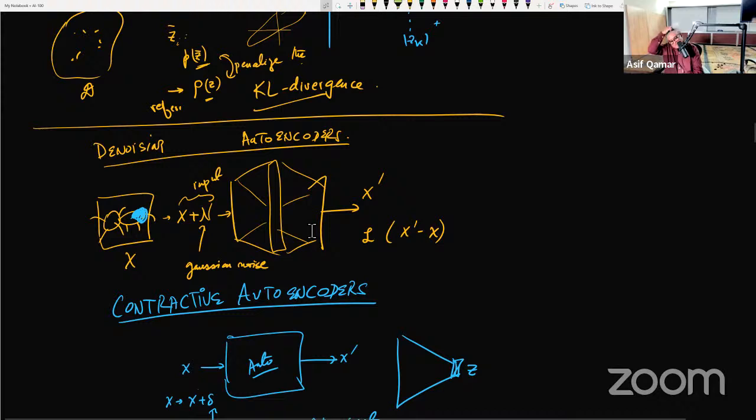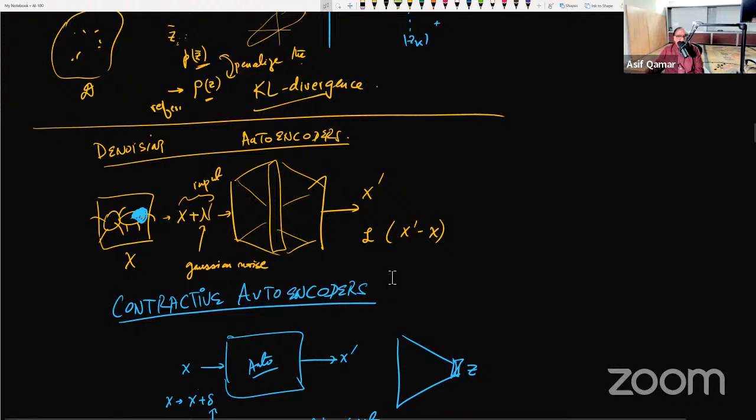Another very useful use of autoencoders is for denoising. It is quite interesting that it figures out a way to denoise input data. If you take input data, you perturb it, you introduce noisy perturbations to it, and then you feed it to an autoencoder, and then you say the loss function is with respect to the original image.